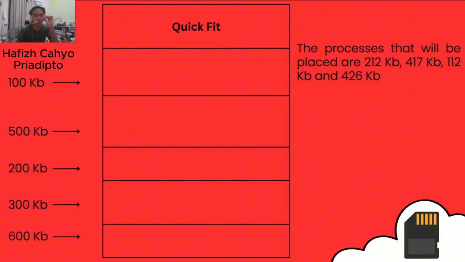For the example, same as before, same table, same number of processes, because it's easier to understand. In this quick fit, they just adjust depending on what the system wants. For this example, the system wants to focus on speed or efficiency.